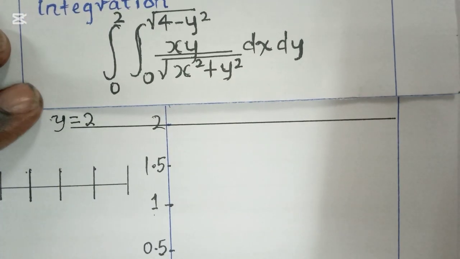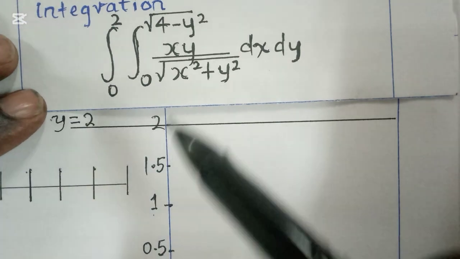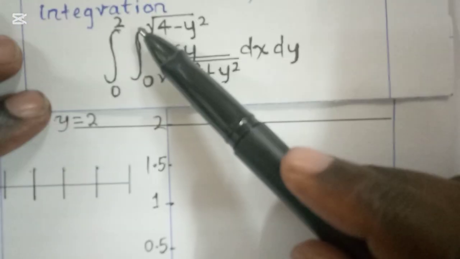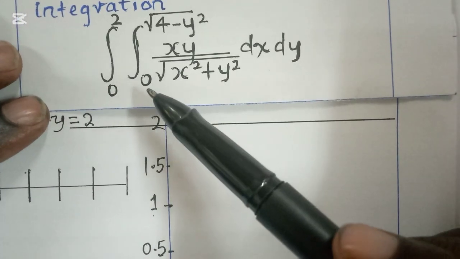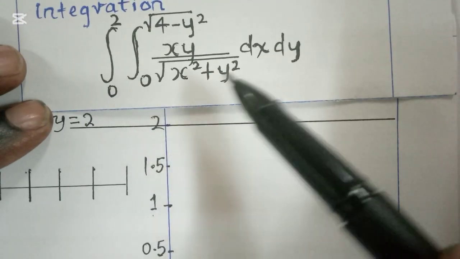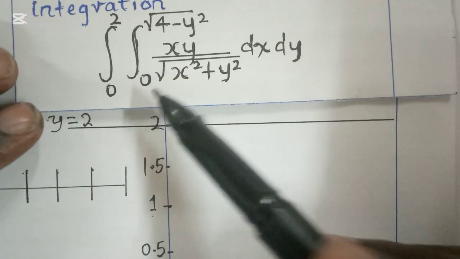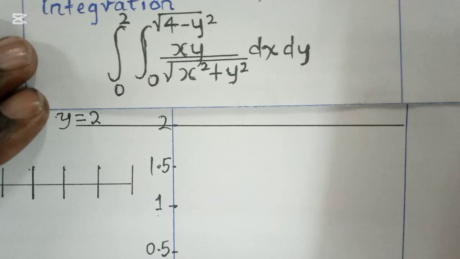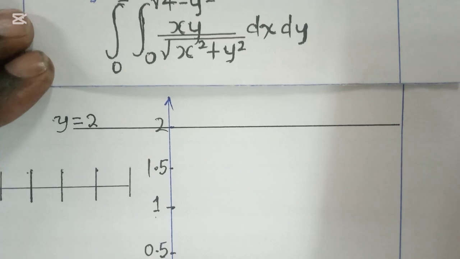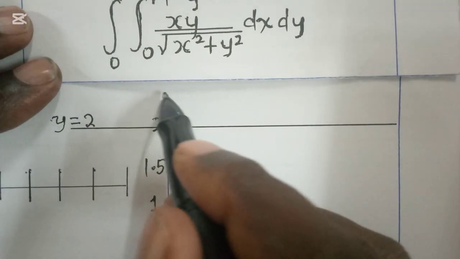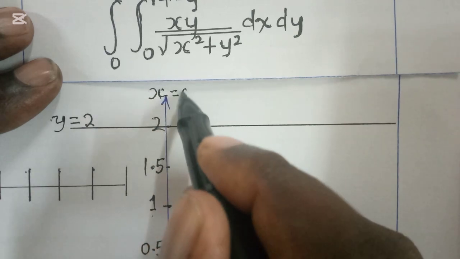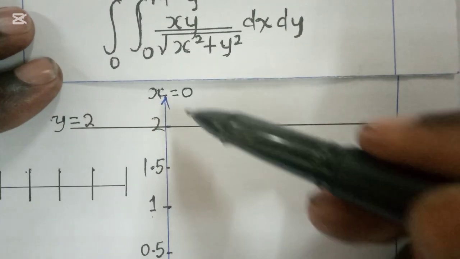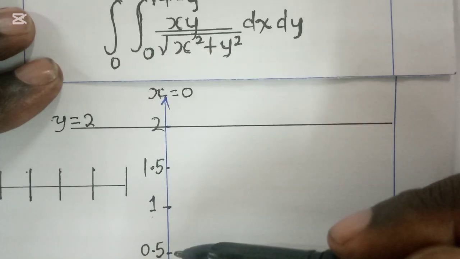Then we go to the second integral, which has limit 0 with respect to x. So this is going to be this line, x equals 0, along the y-axis.